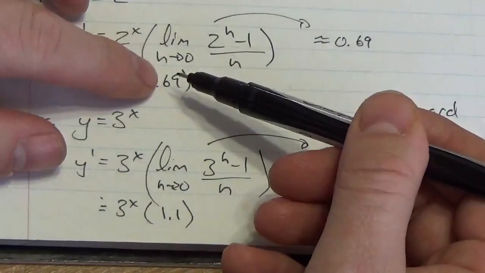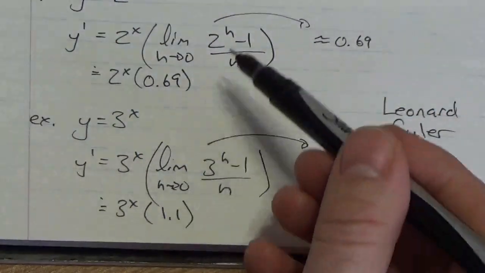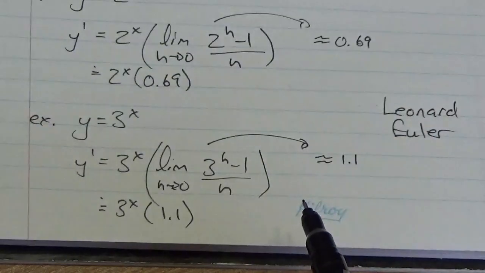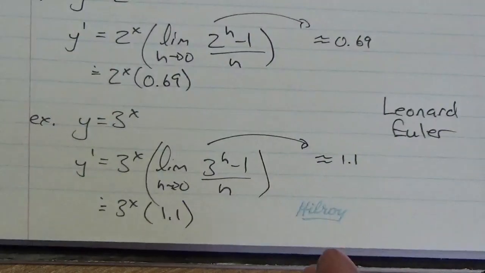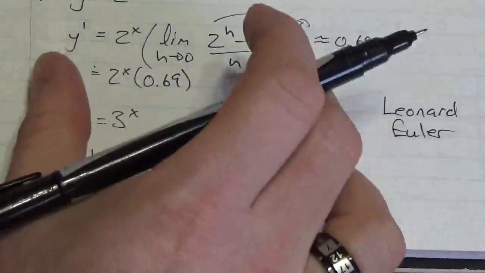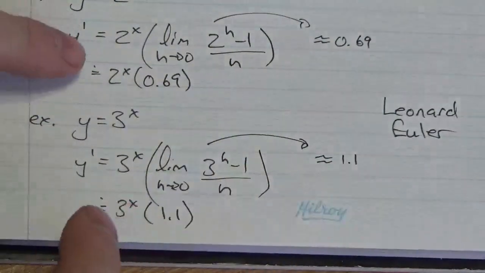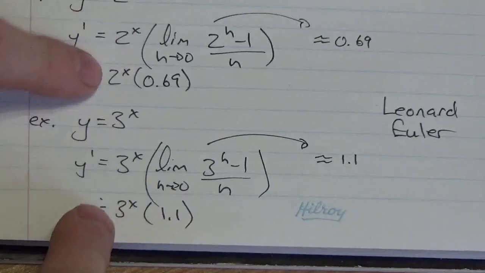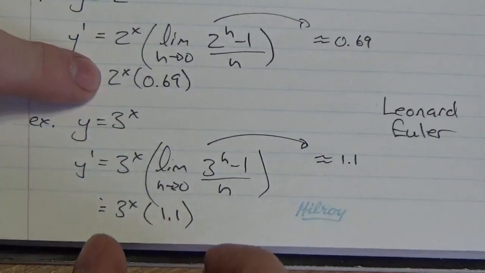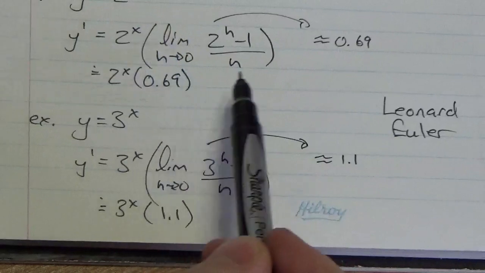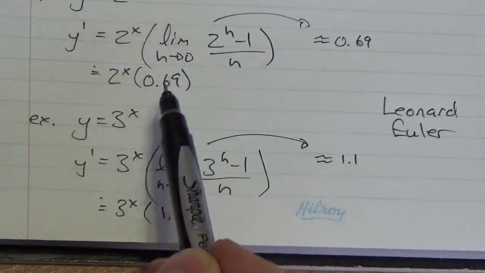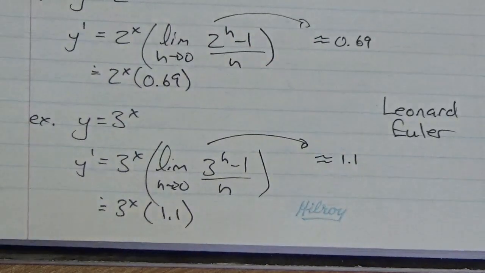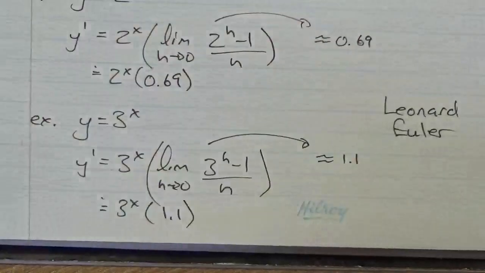If the value of the limit increases as we increase the base here, and every value of that limit is unique, then it's got to be the case that somewhere in between 2 and 3, there's got to be some number that if I plug it in for the base right here, the limit is equal to 1. It must exist. There must be a value.